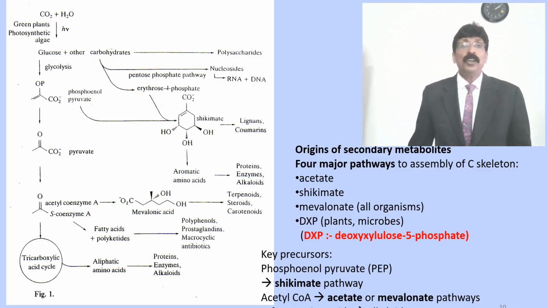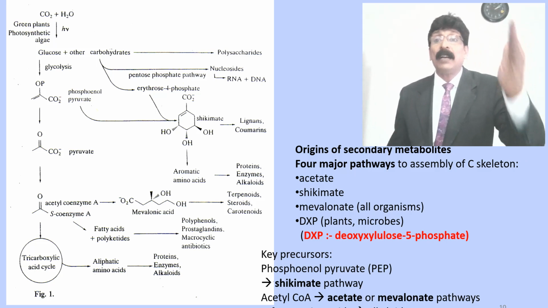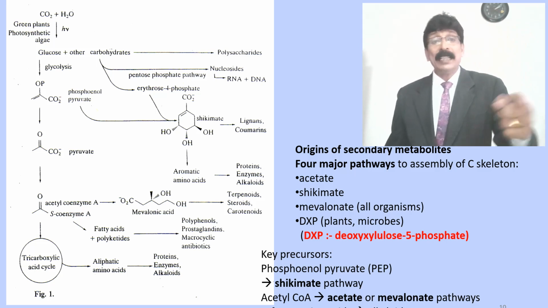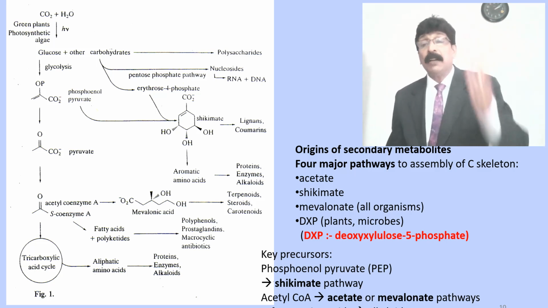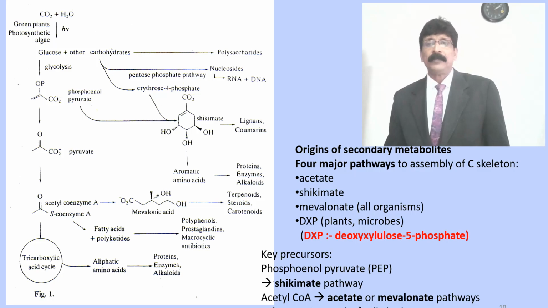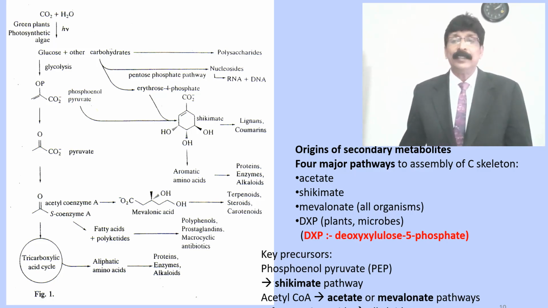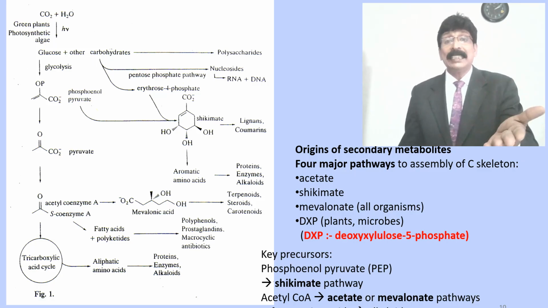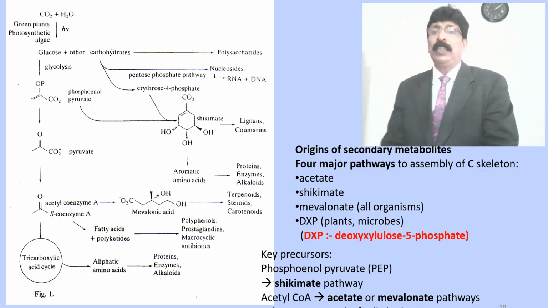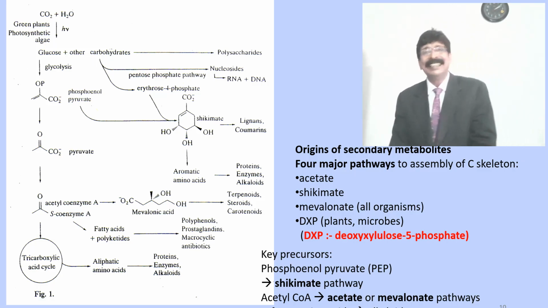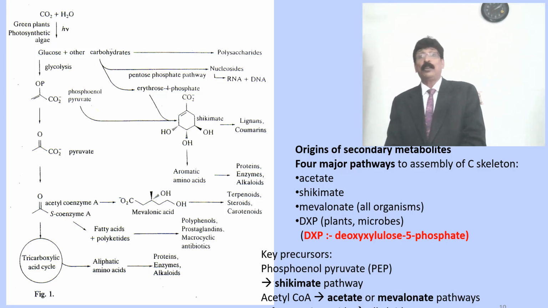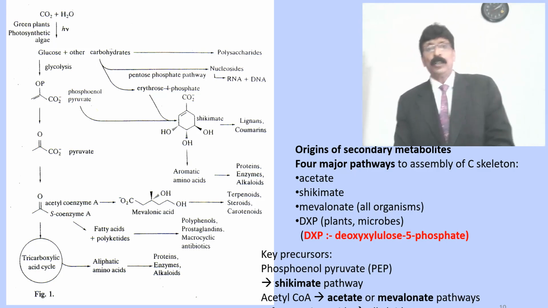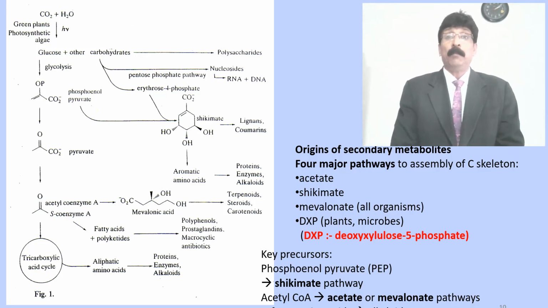So you see, the pyruvic acid can be converted into pyruvate, and what is happening? This pyruvate can be converted into acetyl-CoA, then acetyl-CoA enters the mevalonic acid pathway, and that mevalonic acid can be converted into terpenoids, steroids, and carotenoids. As I told you, vitamin A. Carotenoids also can be produced from the mevalonic acid pathway.